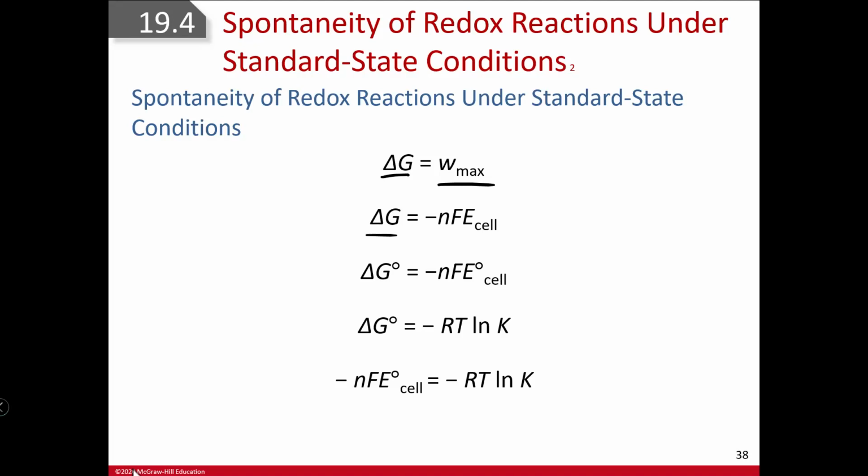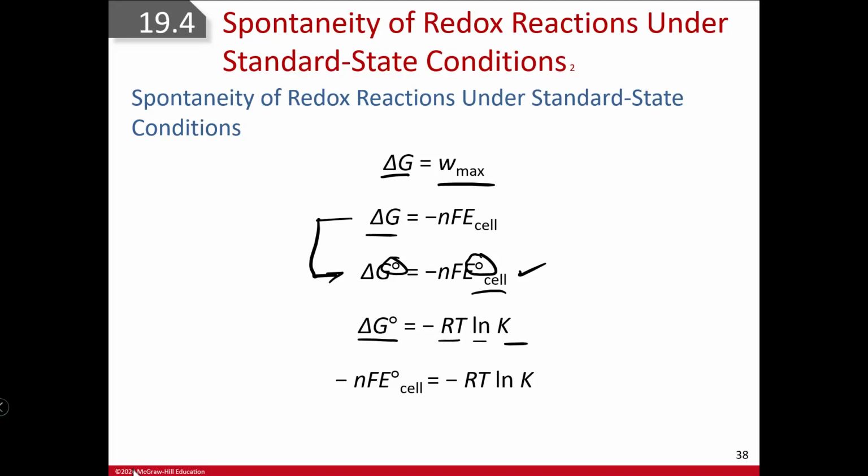Now, the relationship between this one and this is under standard conditions, and we have to have standard cell potentials. And you go, why do we want that? Well, these cell potentials can be looked up in a table. They've been done for you. That's why we like the standard. And then we saw in the previous chapter that standard Gibbs free energy is equal to negative RT ln K, the equilibrium constant.